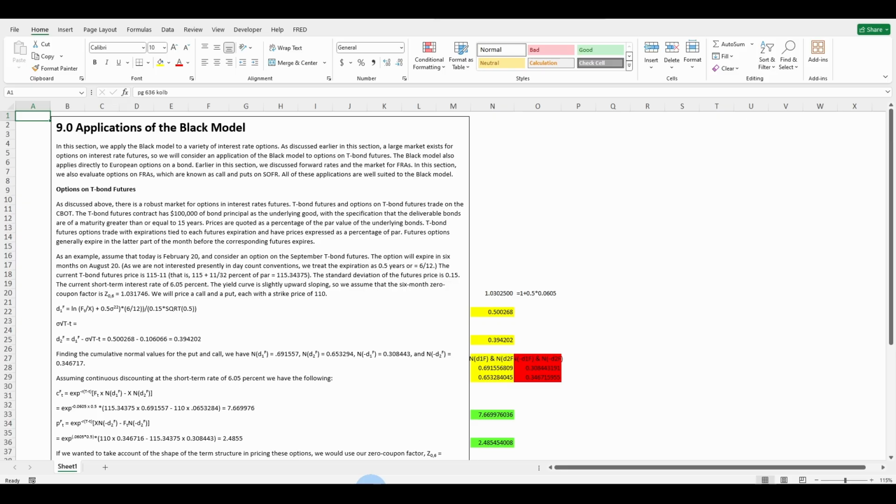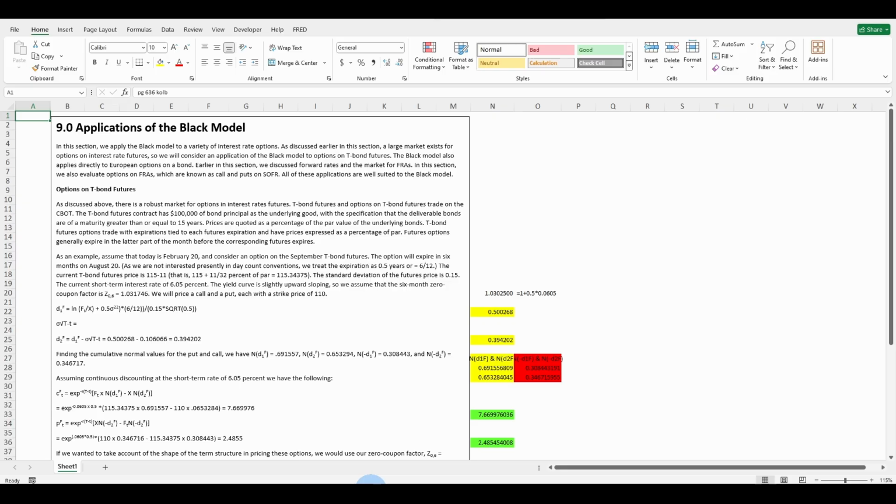The standard deviation of the futures price is 0.15. The current short-term interest rate is 6.5%. We're going to assume that must be the risk-free rate. The yield curve is slightly upward sloping, so we assume that the 6-month zero coupon factor is Z = 1.031746. We will price a call and a put, each with a strike price of 110.